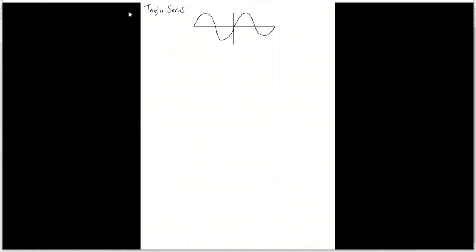So if I wanted to approximate this around 0 here, maybe the first thing I would do is approximate it with a linear curve. Well, just good old y equals x. So let me try to do a little dotted line here, is a decent approximation around the origin. And if you know anything about small angles, then you know that it behaves like x when x is very small.